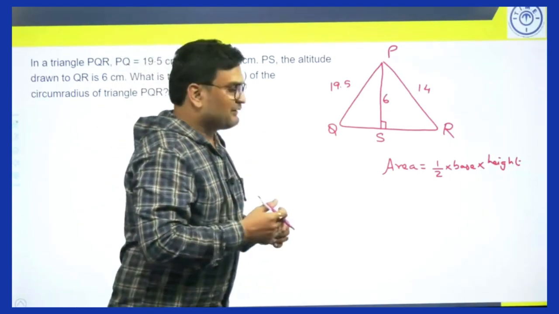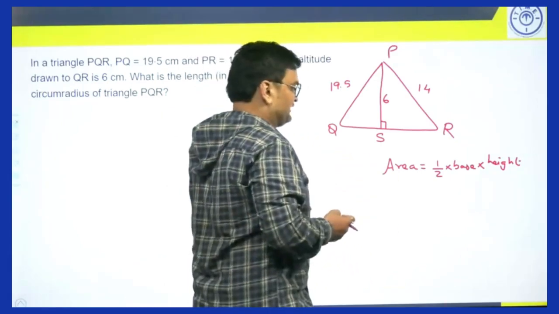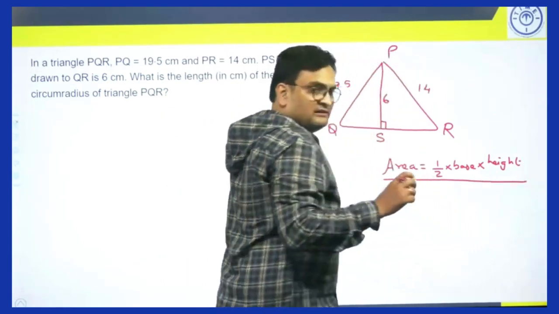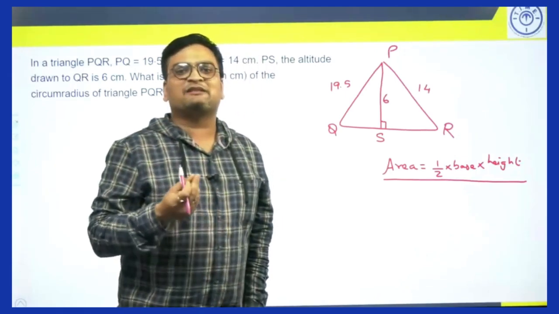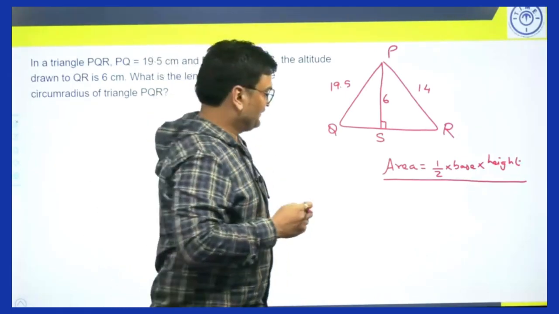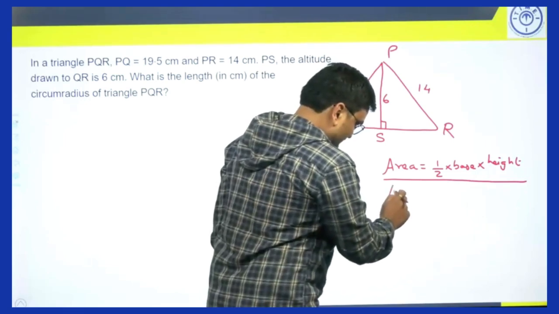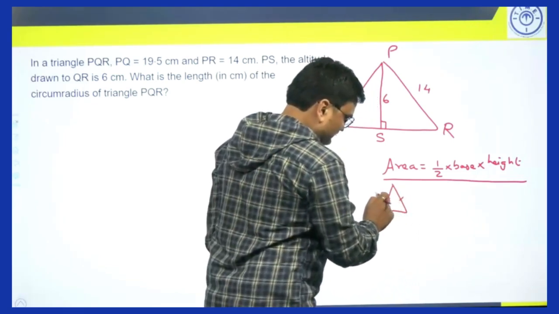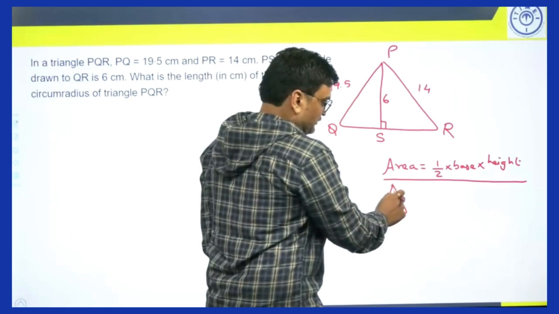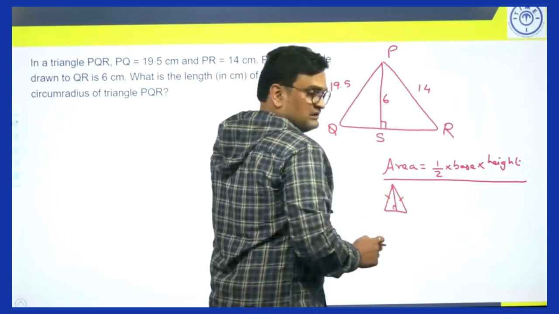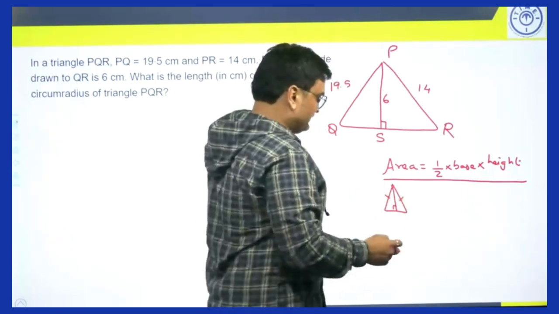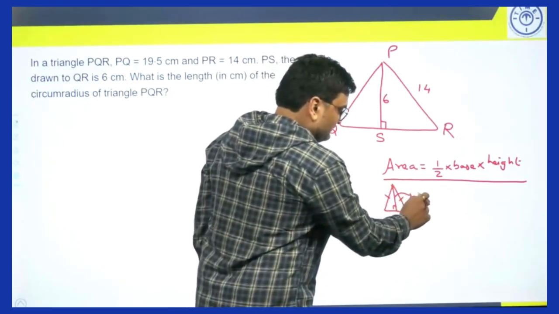One more thing we need to understand about altitude is a particular case for isosceles and equilateral triangles. In case of an isosceles triangle, where two sides are equal like this, if I drop an altitude from here, it will bisect the third side. So here this altitude will also be the median.